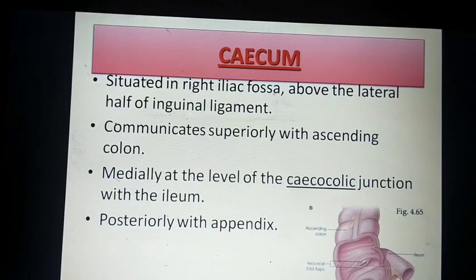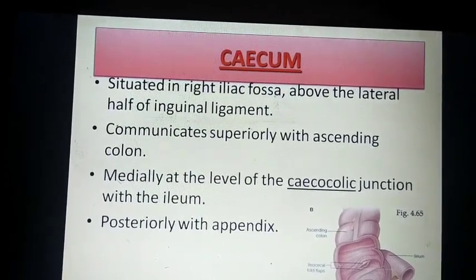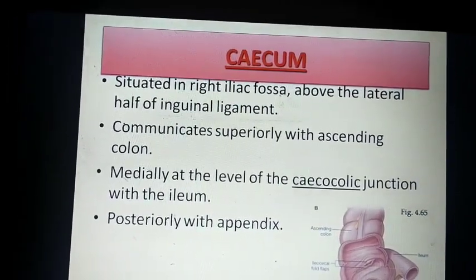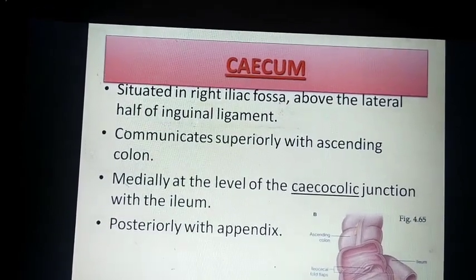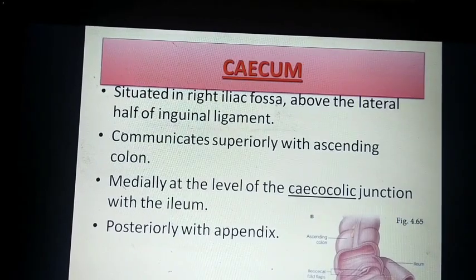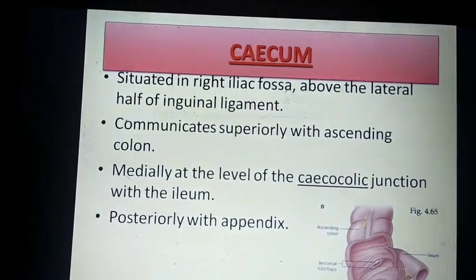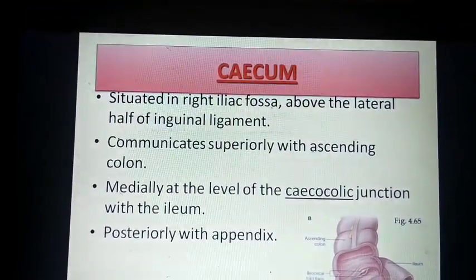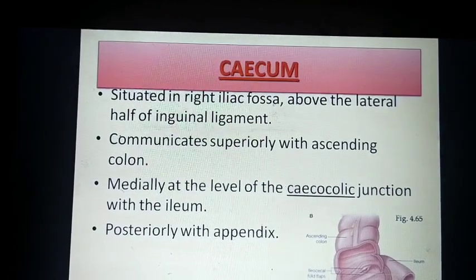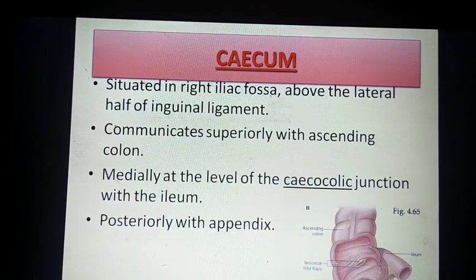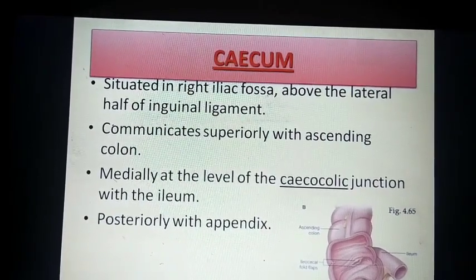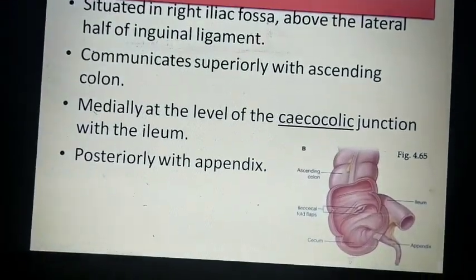Its width is 8 centimeters and its length is 6 centimeters. The cecum is situated in the right iliac fossa above the lateral half of the inguinal ligament. It communicates superiorly with the ascending colon, and medially at the level of the ileocecal junction.